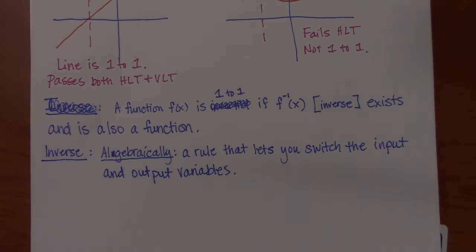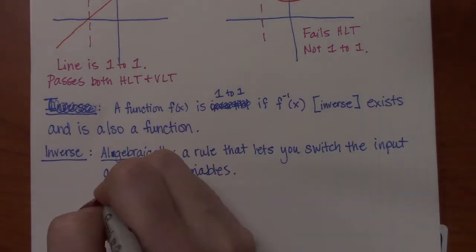If we want to find the inverse algebraically, and we're going to do an example of this, we usually swap x and y and solve for the other variable. When you compare the two functions together, the original function lets you put the x values in and the y values come out. The new function will accept the y values, and you plug in and solve rather than having to set it equal and solve.